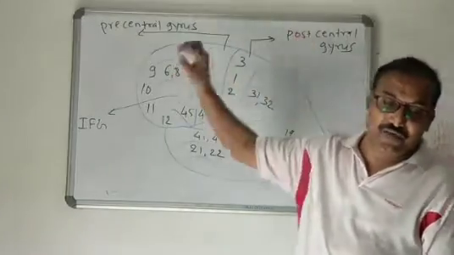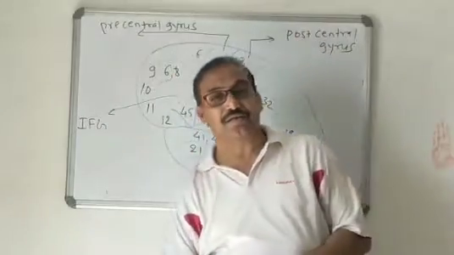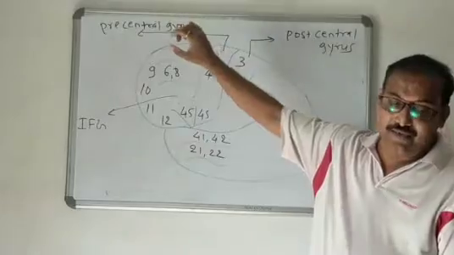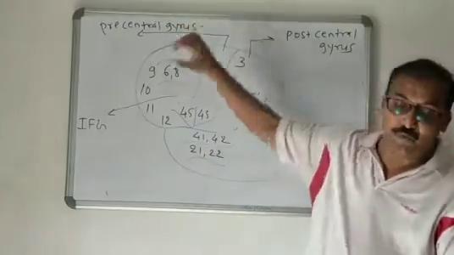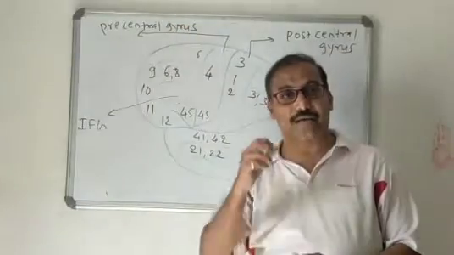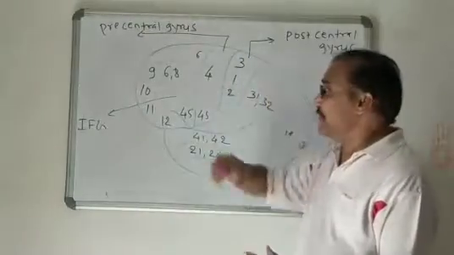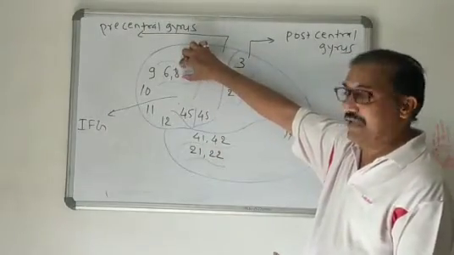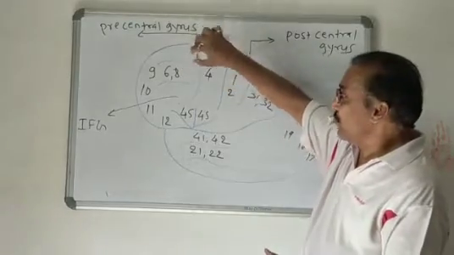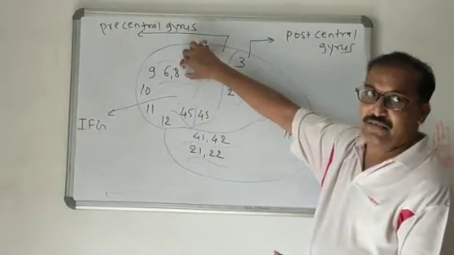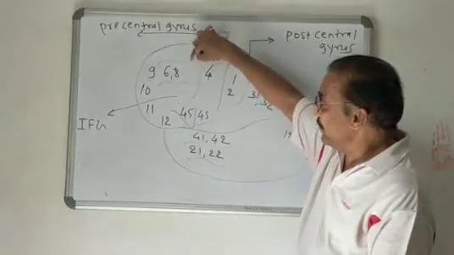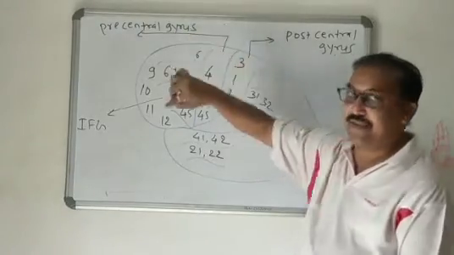So this is the frontal eye field. What does it do? Remember, this area is concerned with the movements of the eyeball. Which area is concerned with all the movements of our eyeball? The frontal eye field. Where is it found? It lies in the middle frontal gyrus. What are the area numbers? Area number 6 as well as area number 8.